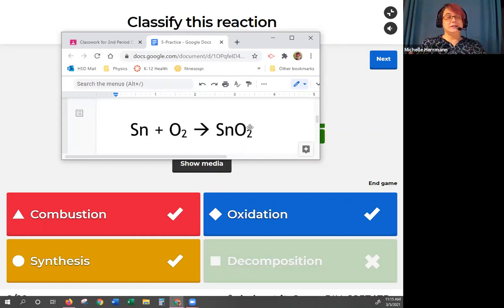So it's definitely synthesis, then even more precisely oxidation, and technically combustion. We tend to use that word combustion just for things that are organic, but non-organic things will react with oxygen as well and burn. So it is also combustion. This particular reaction doesn't produce a lot of heat and light, but you wouldn't necessarily know that unless you've worked with it. So yes, all 3 of those are appropriate answers.